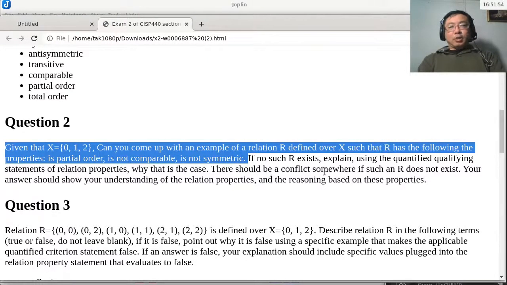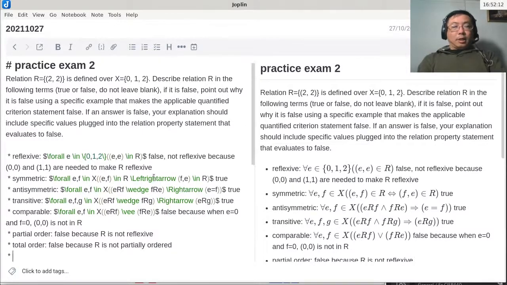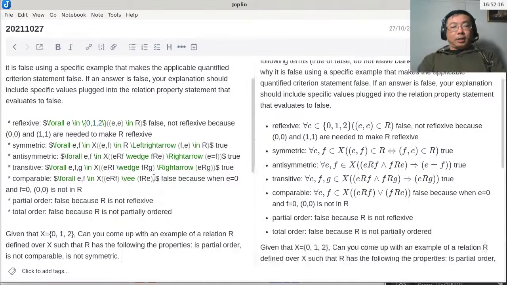So there has to be a conflict somewhere. If such an R does not exist, your answer should show your understanding of the relation properties and the reasoning based on these properties. So let's check out this one and see whether it is even possible or not. If it is possible, we just have to show an example. If it is not possible, then we go ahead and explain why it is not possible.